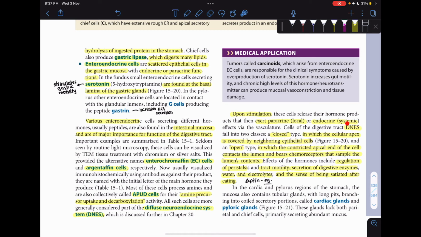So the DNES has two types: in the closed type, the cellular apex is covered by neighboring epithelial cells, and in the open type, the constricted apical end of the cell contacts the lumen, so there is communication between the apical end of the cell and the lumen, and it bears chemoreceptors that sample the lumen's contents.